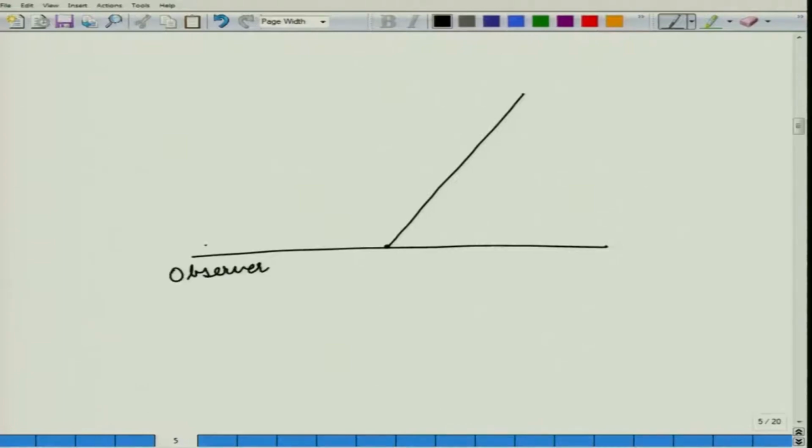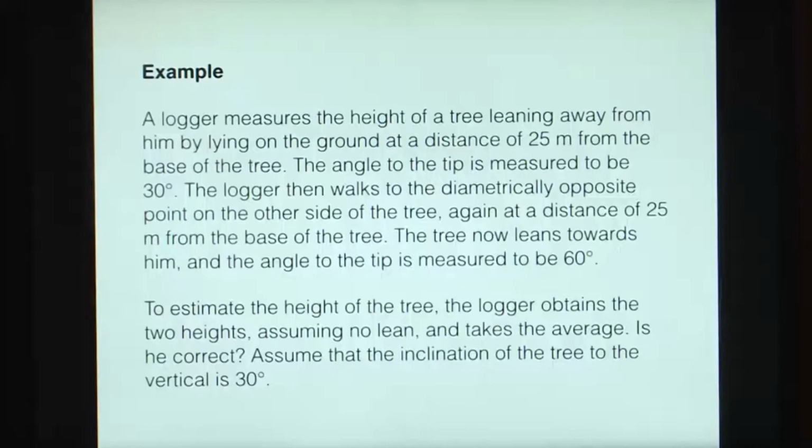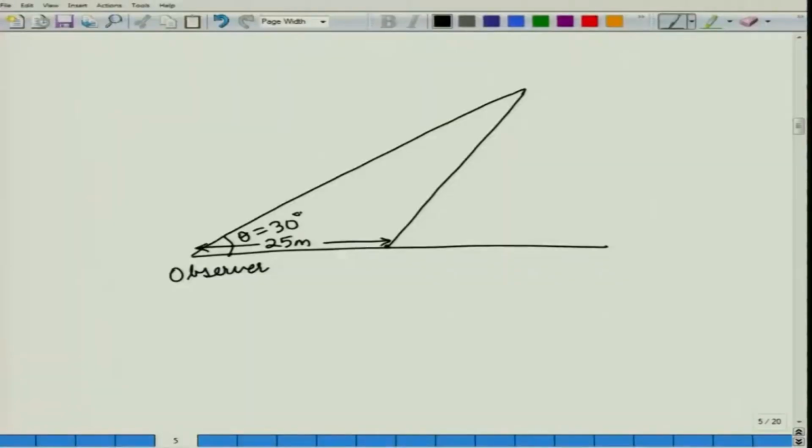So, he lies on the ground at a distance of 25 meters from the base of the tree and he measures the angle to the top. So, he has measured this angle. The angle to the tip is measured to be 30 degrees, so this angle theta is equal to 30 degrees.